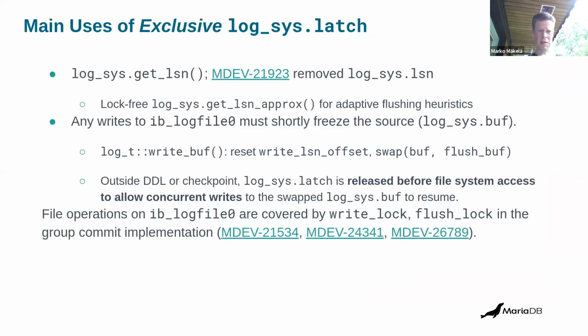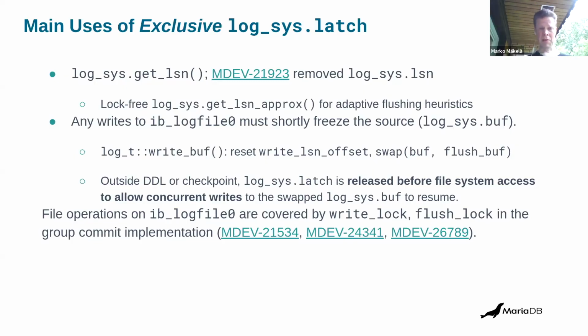So there are some uses of the exclusive locksys latch, and those uses are of course nasty because they block all the writers and so on. We have this member function get LSN. Now it needs to hold the exclusive latch because we removed the previous atomic field locksys LSN in this fix that I implemented.